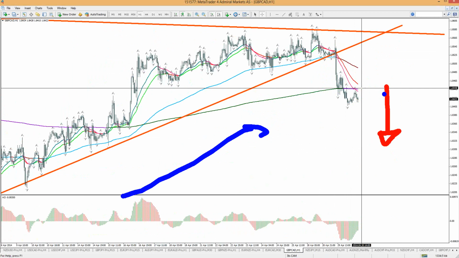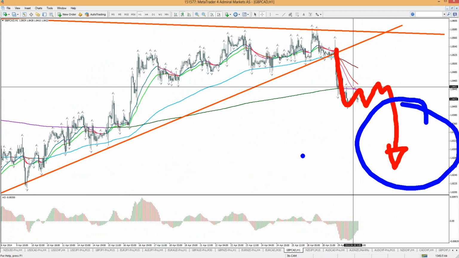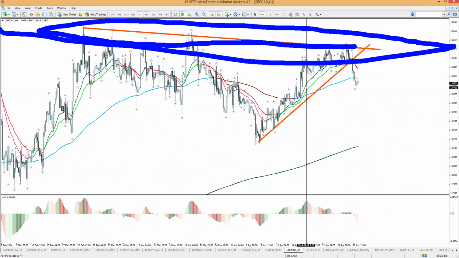Because once you get too caught up, maybe as I was doing, saying this is downside, there's a good chance of follow-through. Yes, it is true, but we could get ourselves caught in a potential trade that doesn't get followed through because the trend is still up. The only thing is that we're close to resistance and haven't broken resistance as yet.